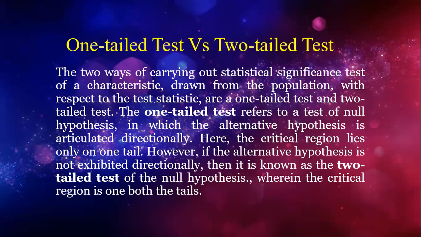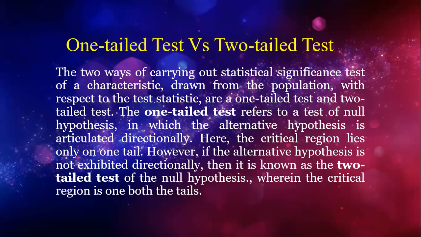The null hypothesis says there is no significant difference or no significant relationship between two or more variables. The alternative hypothesis is exactly the opposite: it says there is a relationship or a significant difference between two or more variables.